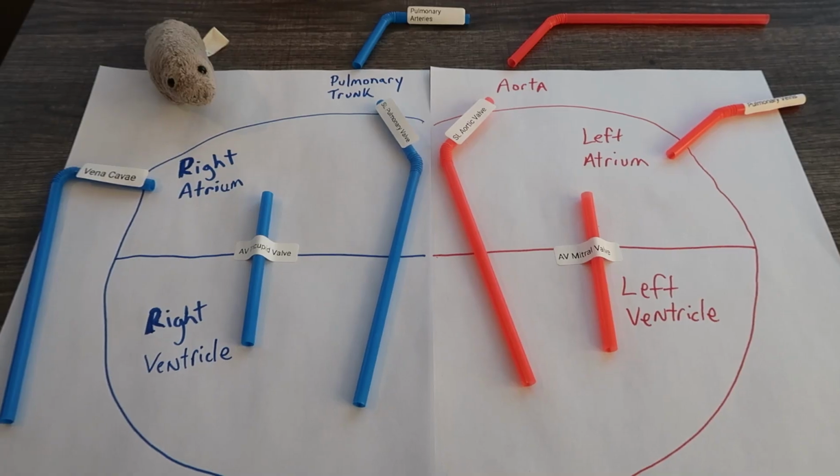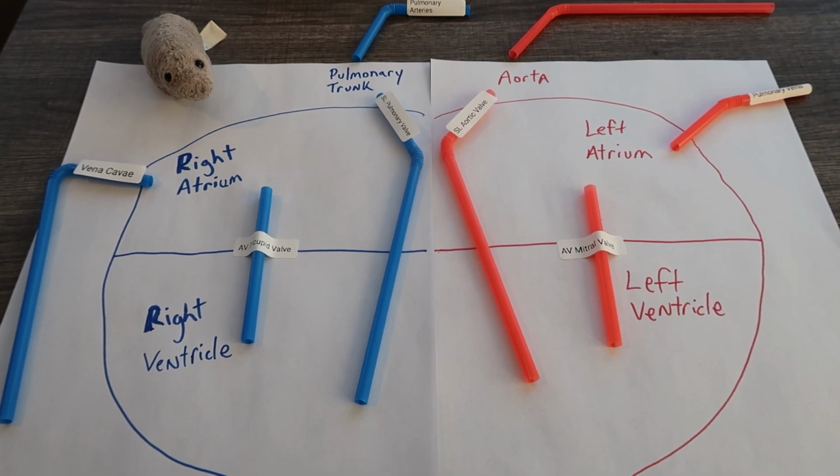And why is the right side blue? Because remember, it's got to give that blood to the lungs, and once it comes back from the lungs, it comes to the left side rich in oxygen. Then once it leaves the left and goes to the body, it's going to come back to the right side. It's used mostly all its oxygen, not all of it, but the majority of it. Then it needs to go back that passageway to the lungs to get more oxygen.